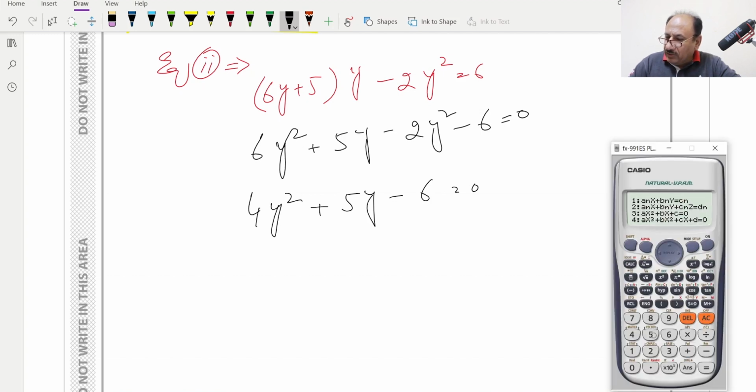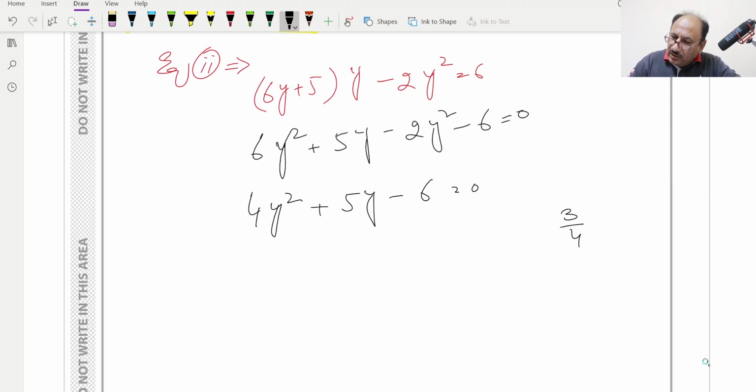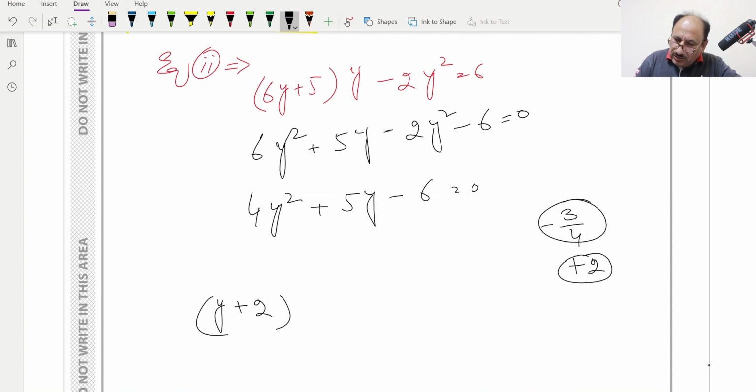So mode 5 3, and coefficient of y square is 4 and coefficient of y is 5 and constant is minus 6. Now we are getting 3 by 4 and minus 2. These are the two values. We will change their signs and we will utilize these two values. So we will write here y plus 2, and I'm keeping this gap intentionally.